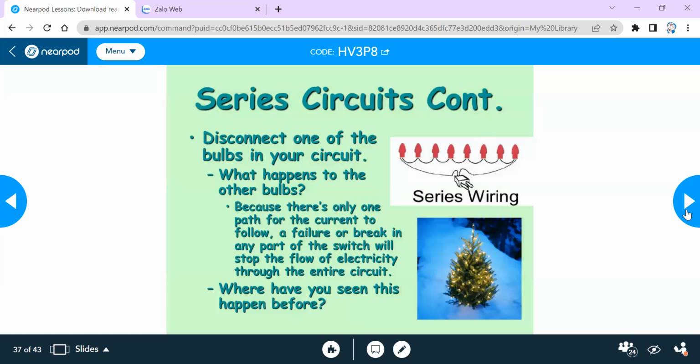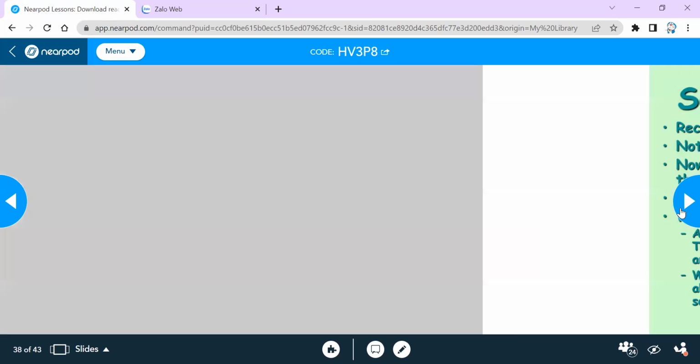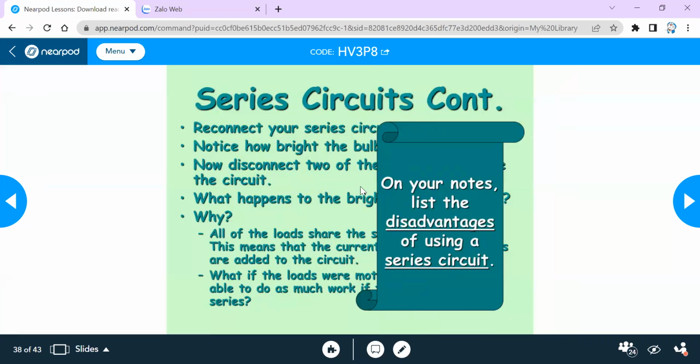Even though only one light bulb is taken out, the rest cannot be lighted up because there's an open circuit. So what happens if you reconnect it? When we reconnect the light bulb, the series is closed. Therefore, all the light bulbs can be lighted up because the current can flow through every single one of them.